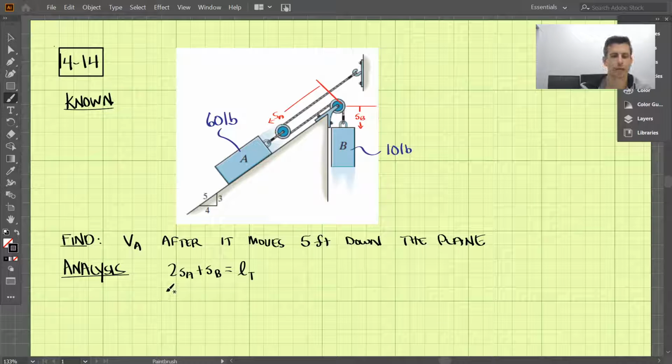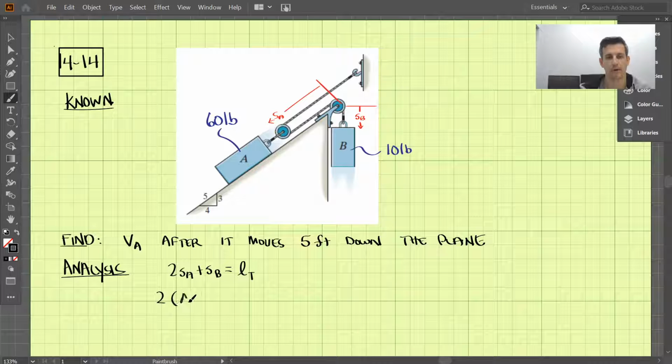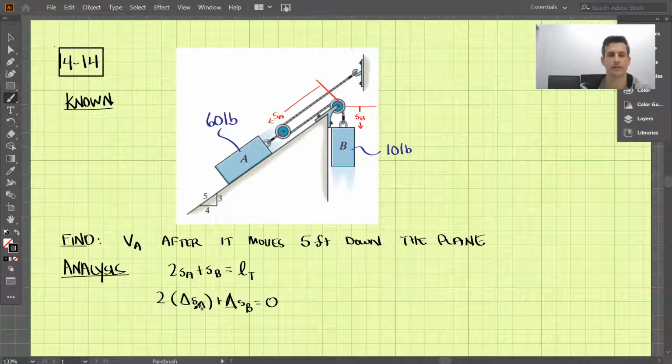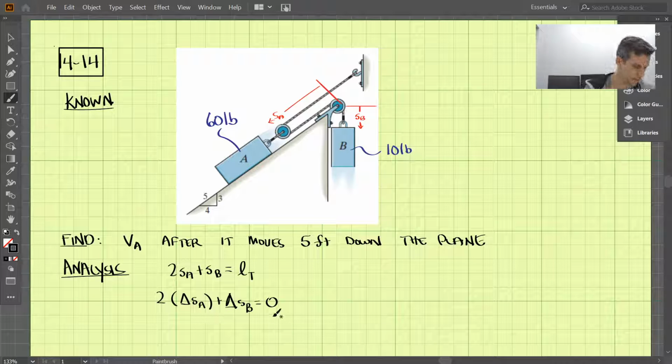So we can write this in a different way: 2 delta SA plus delta SB equals 0. That's the change in length, right? If SA changes by 1 inch, the change in SB is dictated by this equation here.